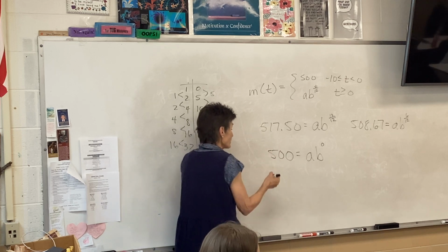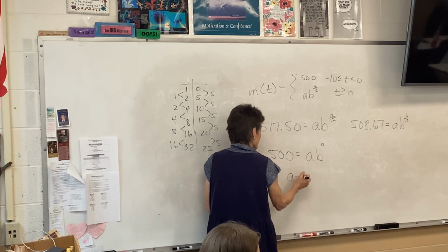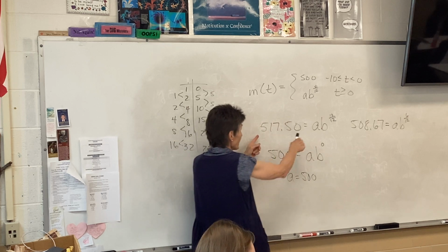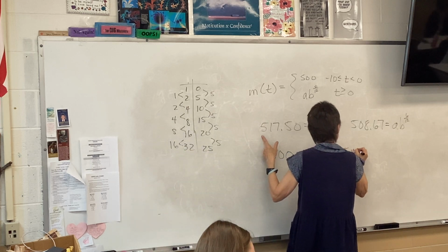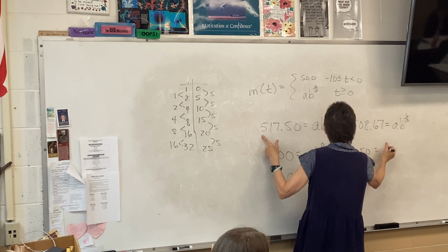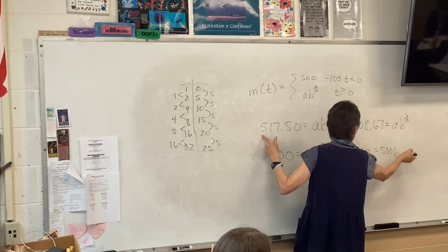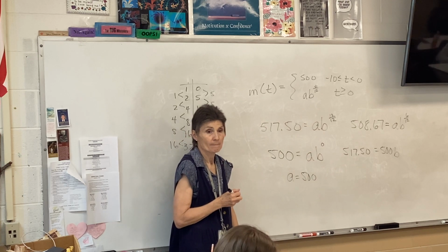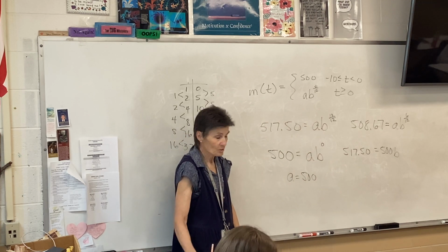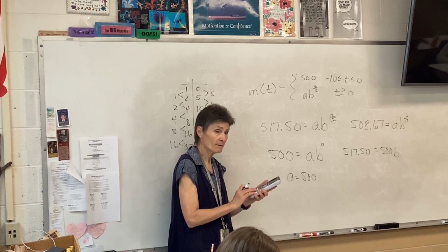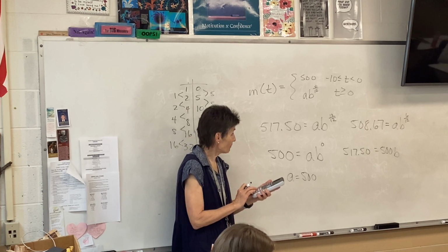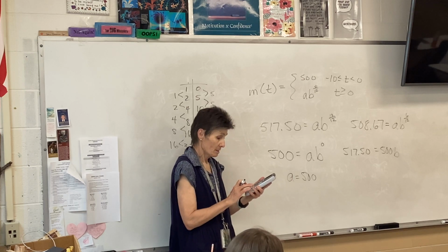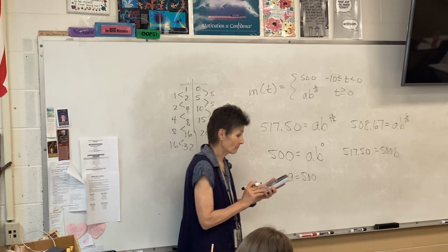All right, so Greg has already told us this equation says A equals 500. So if I come up here, 517.50 equals 500, basically B to the first. So I can find B, can I? Yeah. 517.5 divided by 500.